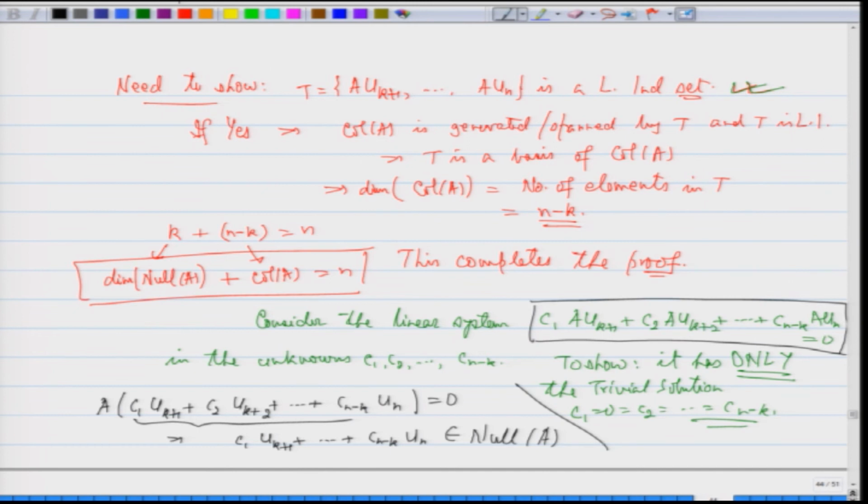So, this vector, whatever that vector is, is a linear combination of u_{k+1} to u_n, but it is an element of the null space.